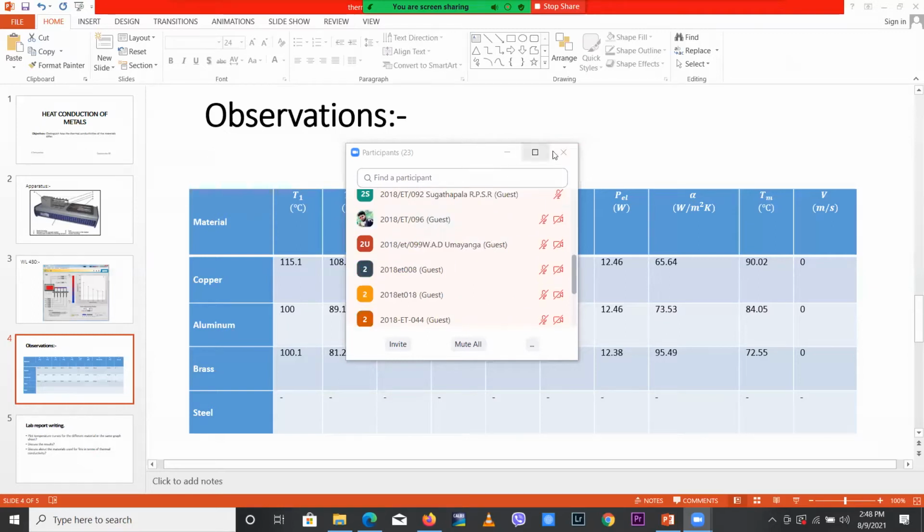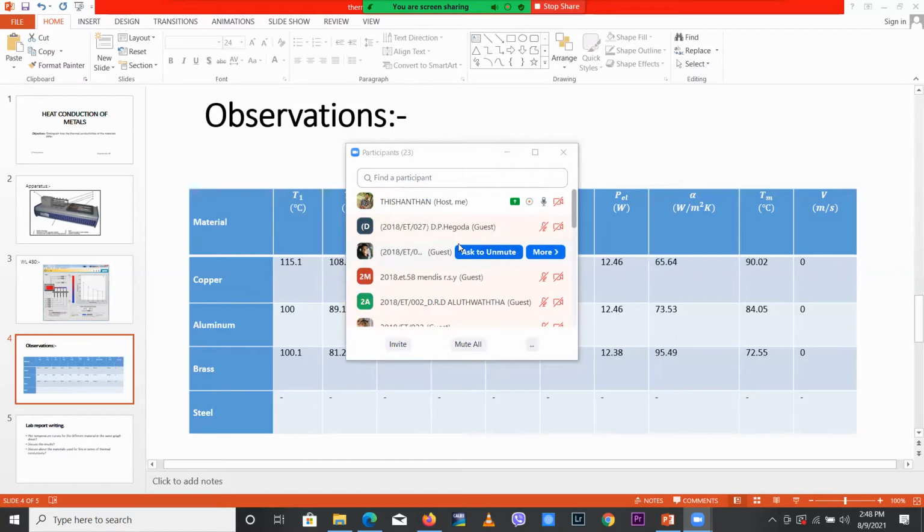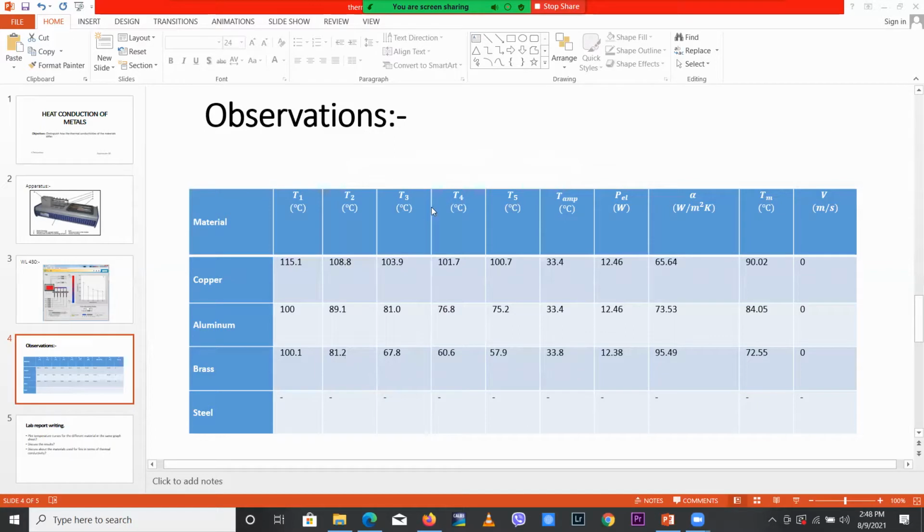So does anyone have any clarification, any doubts regarding this session? I think you all understood. In your childhood, you maybe understand, right? If one metal part is in direct contact with fire or any flame at one end, the other end of that metal part will have some temperature difference.